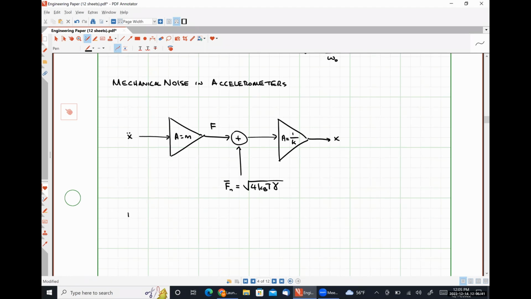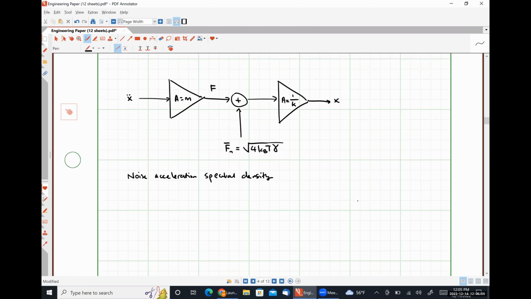So our noise acceleration spectral density is going to be xn dot dot, I'm going to bar over it, is going to be equal to Fn divided by A. So we're referring it to the input.